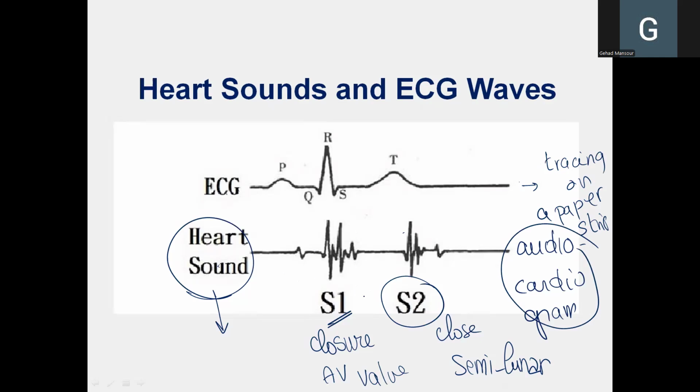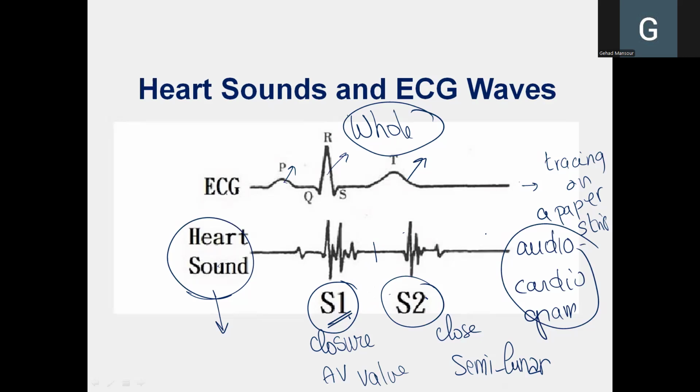The ECG represents the electrical activity of the heart as a whole. You're following the atria and then the ventricles and then the repolarization of the ventricles. But here, you're focusing only on the heart sounds. You're not supposed to hear any sounds other than S1 and S2.